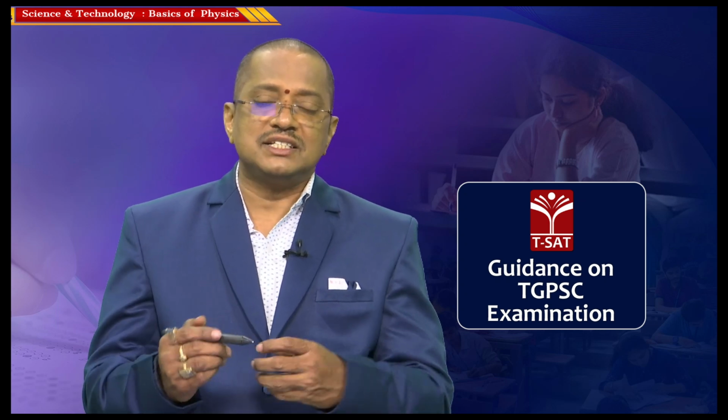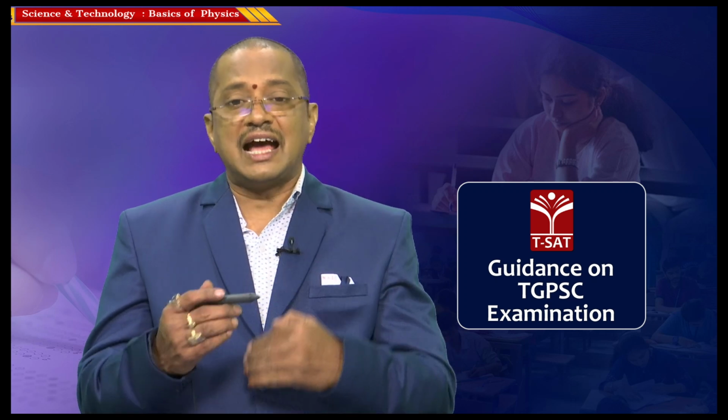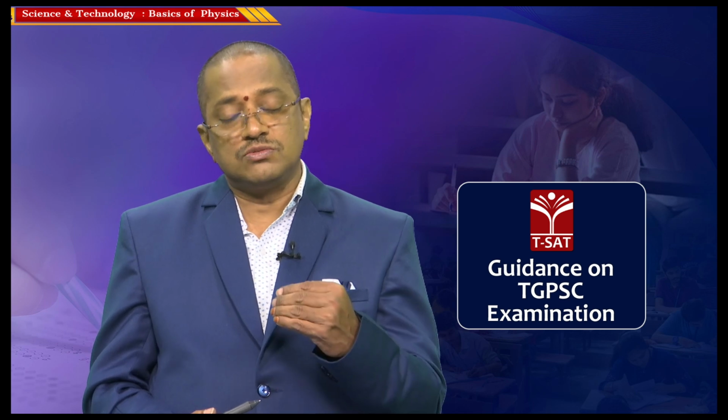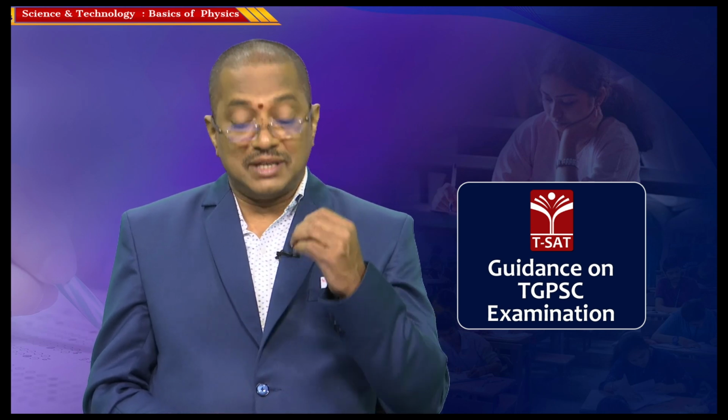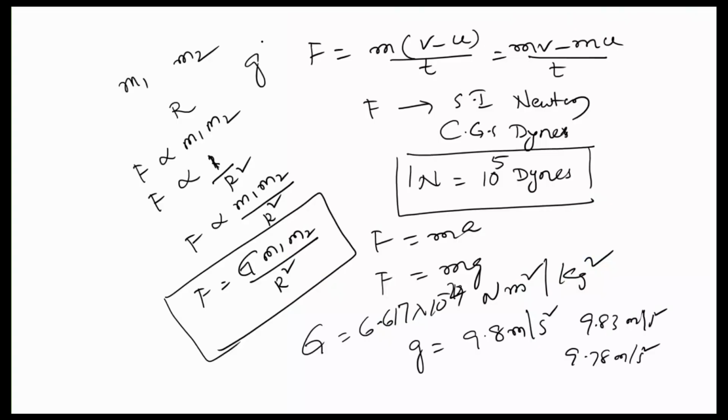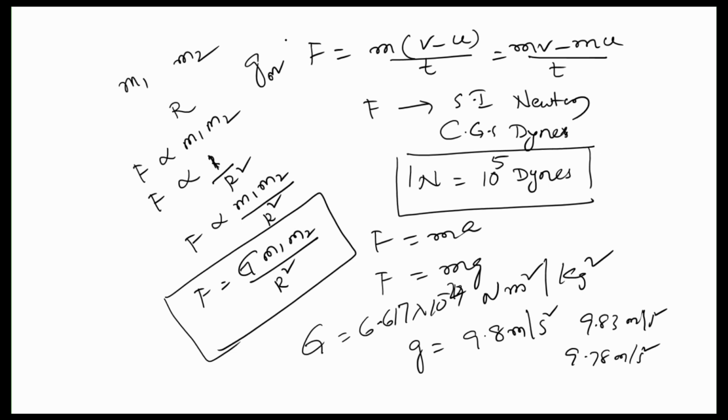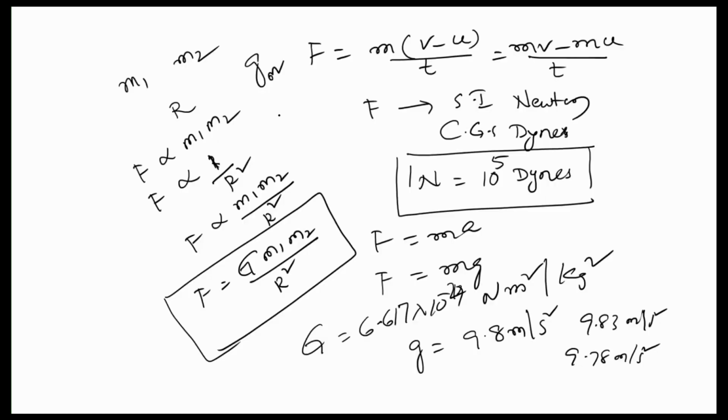So, when you compare the g value of earth and moon, the acceleration due to gravity on the moon is 1/6 of our earth. That's the main reason. Here, if g is the acceleration due to gravity at earth, then the acceleration due to gravity on the moon, we will say gM.